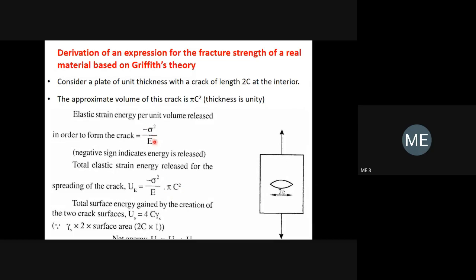The sigma squared divided by E is nothing but the amount of energy required to create the crack per unit volume of the crack. Now you are multiplying by the total volume.